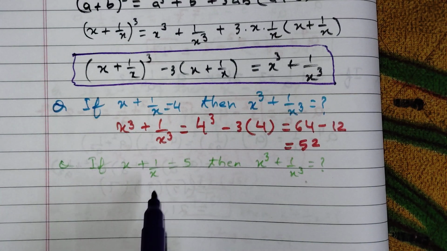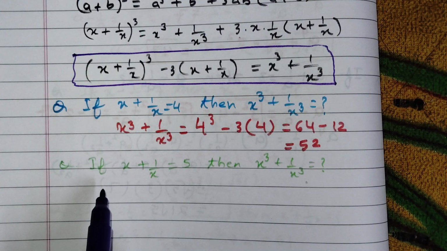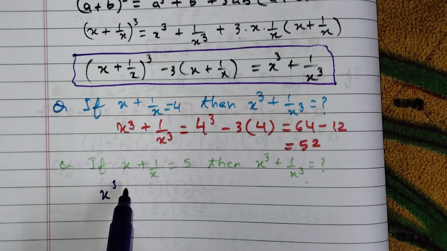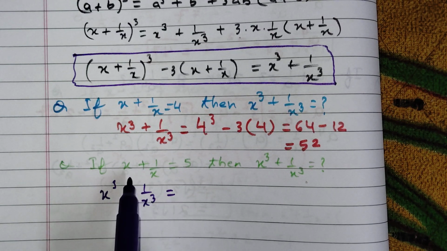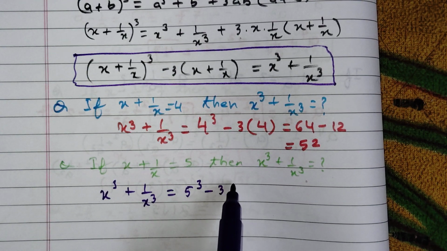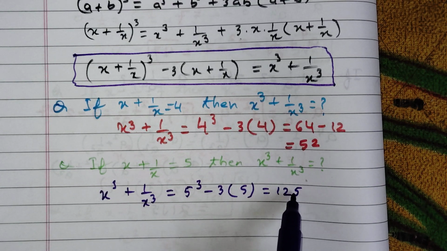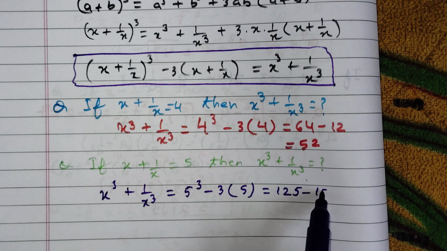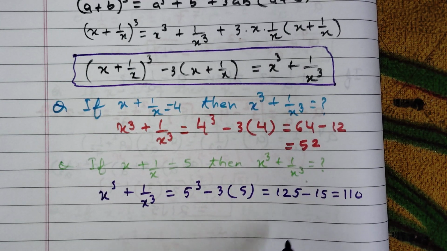So here we use the above identity again, x cube plus 1 upon x cube equals the identity saying x plus 1 upon x whole cube. So 5 cube, then minus 3 times 5. 5 cube is 125, minus 3 times 5 is 15. 125 minus 15, 110 is the answer.